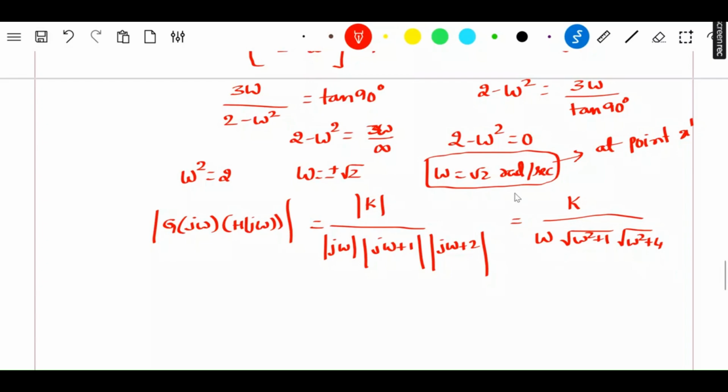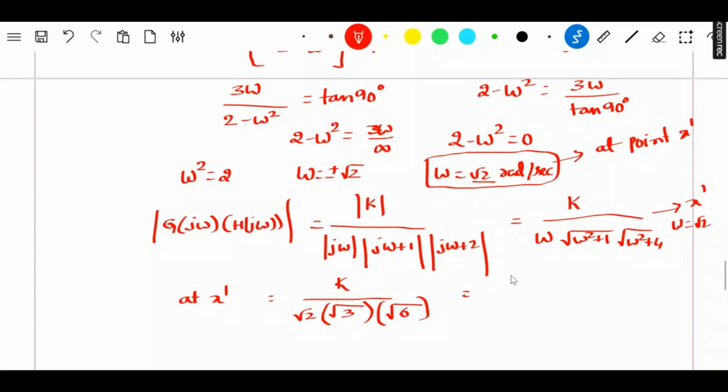So what I do is substitute omega as root 2, because that is the omega at point x dash. So this is the magnitude equation at point x dash by substituting omega equals root 2. Therefore, at x dash, the magnitude is k divided by root 2 into the root of 2 square, which is 2, plus 1 is root of 3, into the root of 2 square, which is 2, plus 4 is 6.